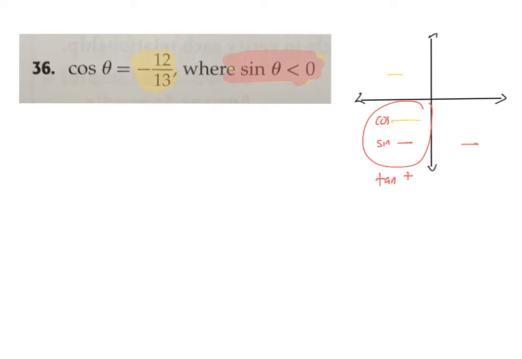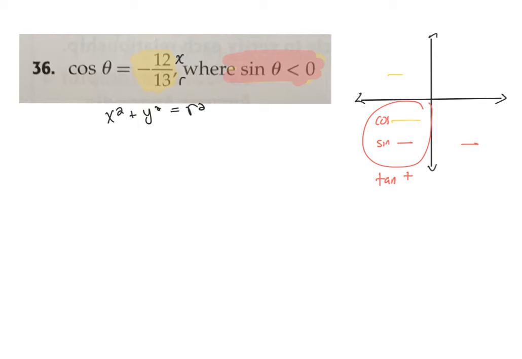Okay. Now if I have cosine, then I have my x over my r, right? Cosine is x over r, or adjacent over hypotenuse, r being the hypotenuse. So if I have my x and I have my r, I need to find my y. For the Pythagorean theorem in trigonometry, x squared plus y squared equals r squared.